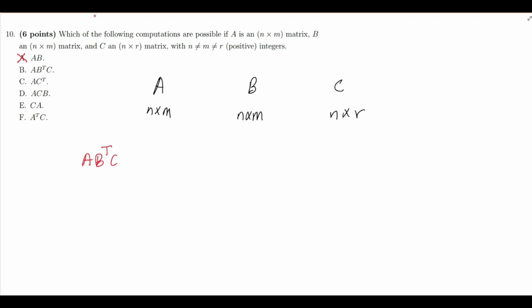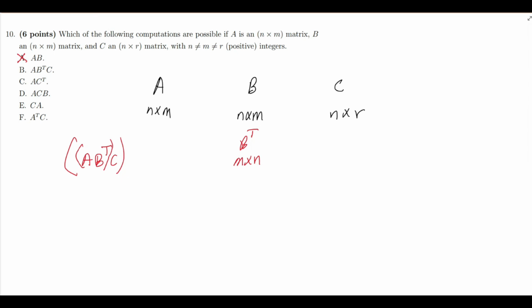Now option B says A, B transpose, C. Remember, here B transpose would simply be an m by n matrix. So in this case, you simply compute this, you have a matrix, then you take the result of that computation and compute with C, and then you have your resulting matrix.